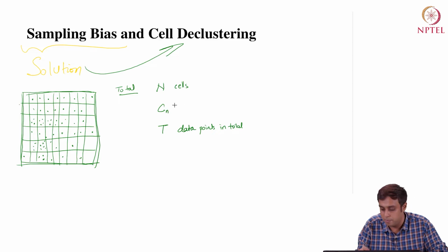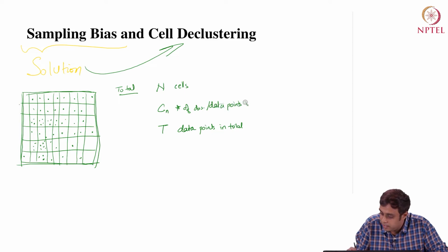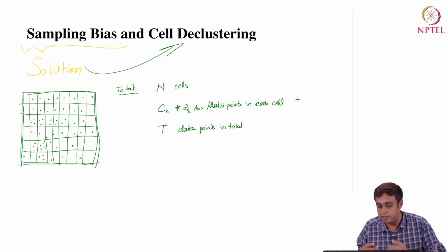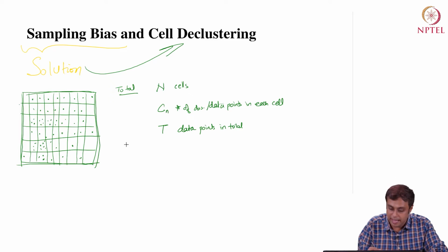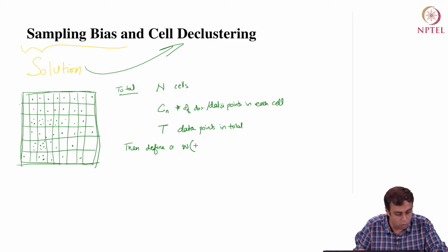Cn is the number of observations or data points in each cell that we are looking at. Okay. Then define a weight at each location, let's say Sj, right.